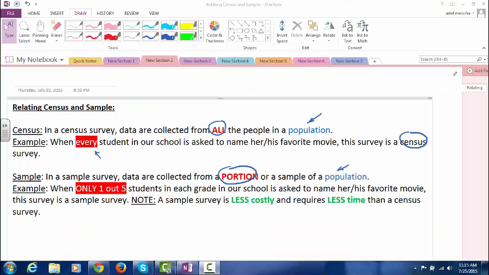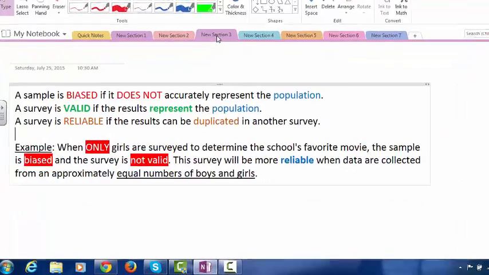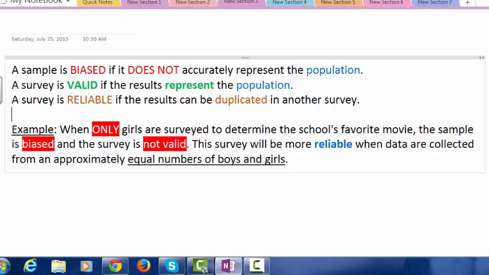Now let's see another set of definitions, the continuation. This is about the words biased, valid, and reliable. A sample is biased if it does not accurately represent the population. That means I have a population, but the data that I am collecting is not accurately representing the population.